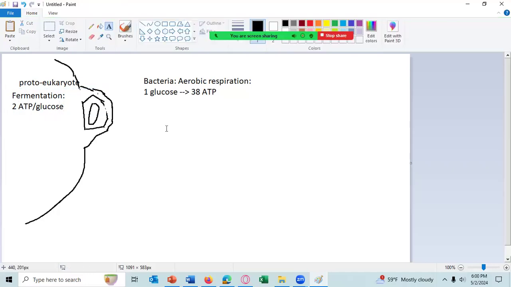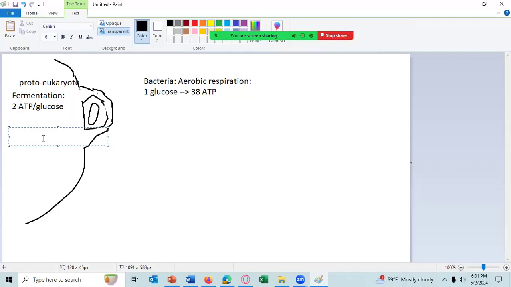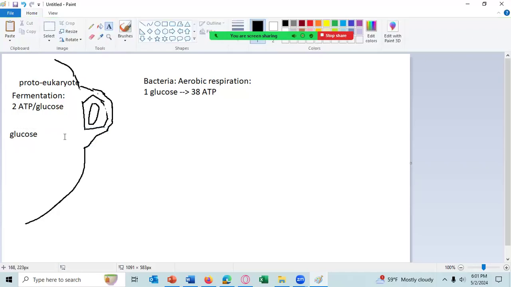Now, for whatever reason, the proto-eukaryote did not eat the bacteria that it engulfed right away. And some of the glucose in the cytoplasm moved by diffusion into the vacuole containing the bacteria and then moved into the bacteria.